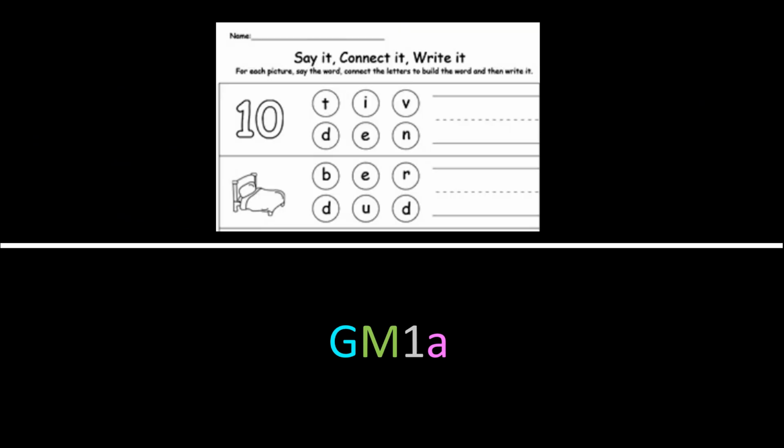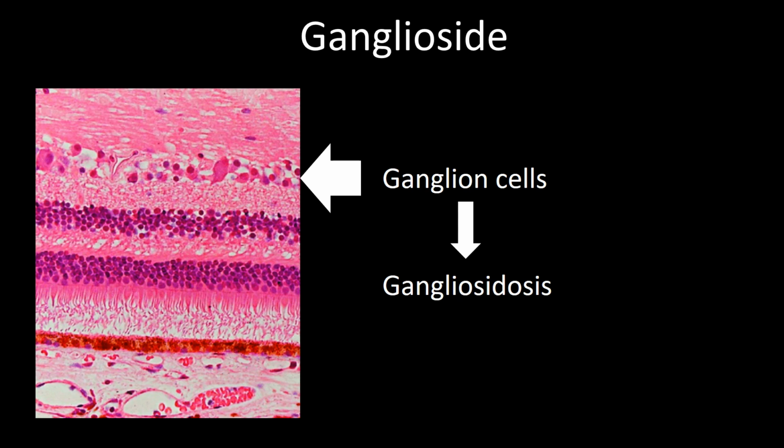Now, let's see how we turn this alphabet into words. The G stands for ganglioside. It is called ganglioside because the accumulated substance was first discovered in ganglion cells. Hence, the disease produced by accumulation of this material is called gangliosidosis.